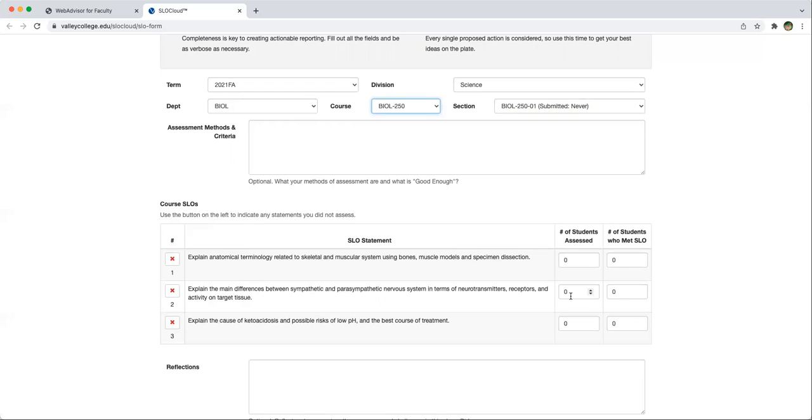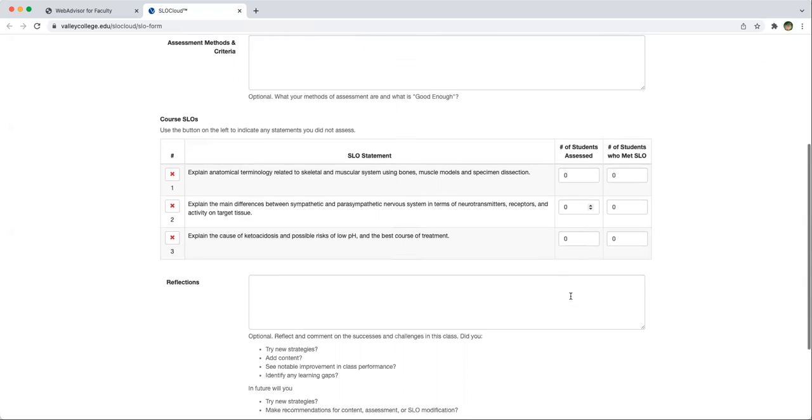Typically, as you may know, at the beginning of the semester, you're going to have a higher number of participants. And as the semester moves on, the participation number or your student number is going to decrease. So if you have fluctuation in the number of students assessed, that is okay.